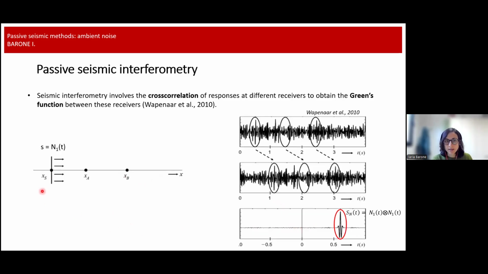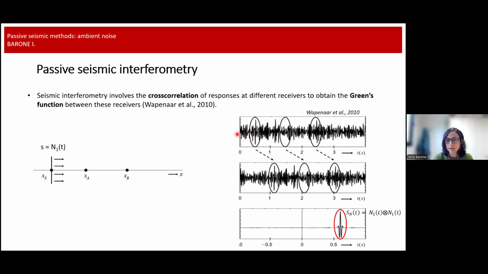Now let's take the case of a noise source. Again, we have a plane wave propagating from left to right, but it's not a Dirac anymore. It's a signal with a certain duration that is kind of random. This is the signal that we record in XA, and this is the signal recorded in XB, which is basically a delayed version of this signal.